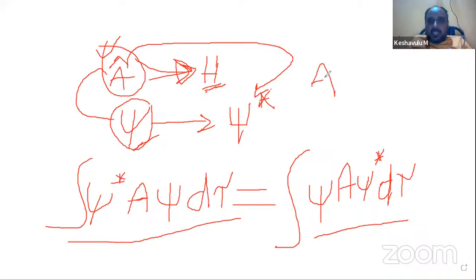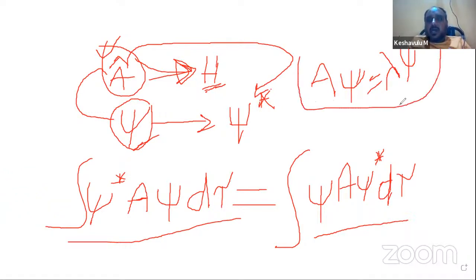Simply, the operator A operates on the wave function psi, and we get the same wave function multiplied with some constant value, that is lambda. So this is called the eigenfunctions and eigenvalues concept.